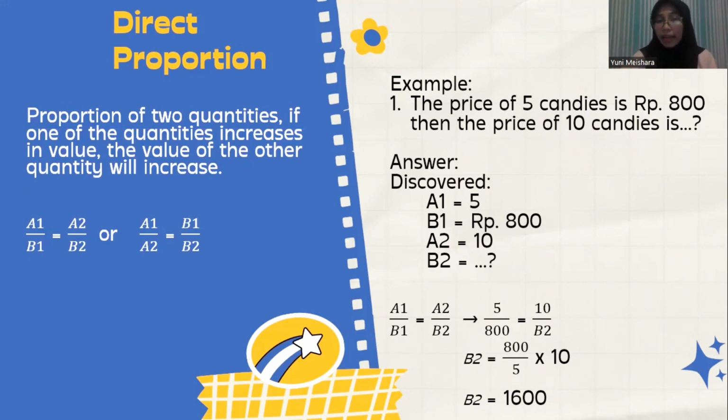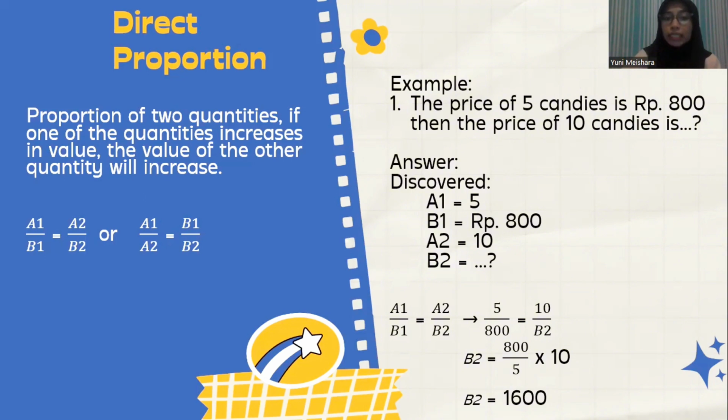A1 is 5, B1 is 800, and A2 is 10. Because what is known is A1 is 5 candies with a price of 800, and if 10 candies cost how much?